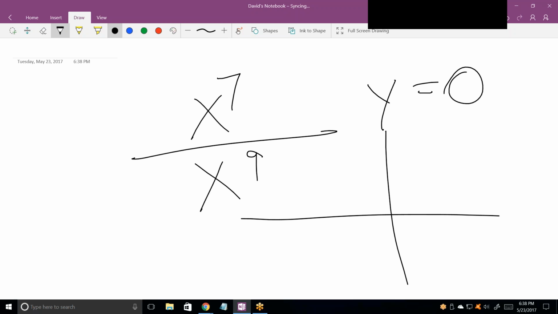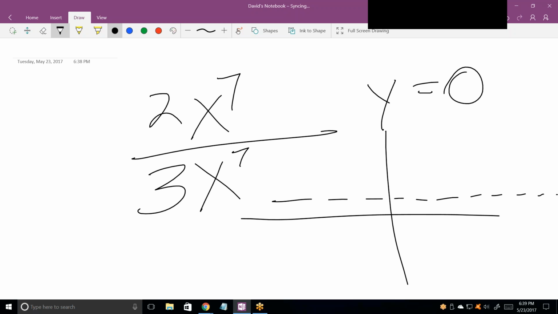In other words, I told you how to get a couple of different asymptotes, but in reality, let's say it was 7 over 7, and this was a 2, and that was a 3. So I'd have a horizontal asymptote at 2/3. But what that really means is that as we go to infinity on the x-axis, we approach that asymptote. Okay?